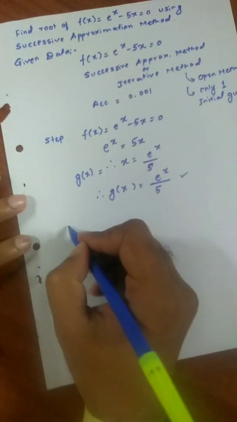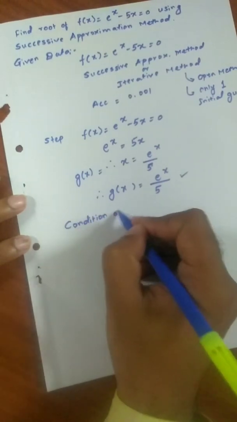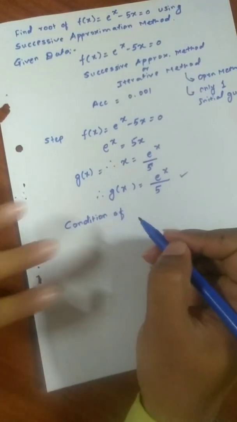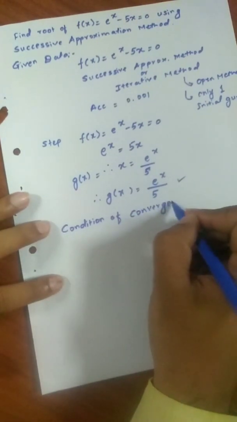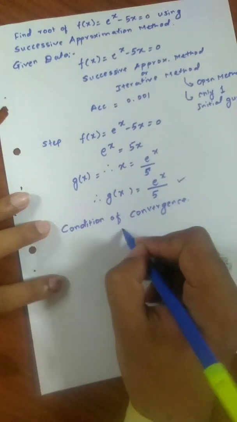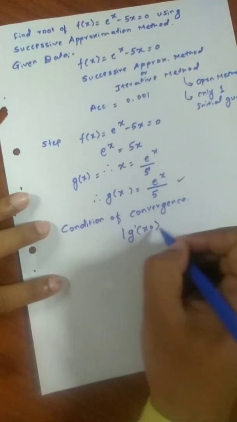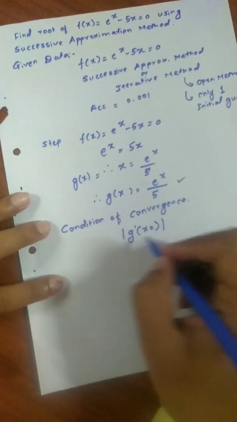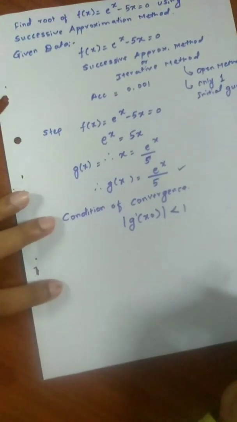Now what is the condition of convergence for the successive approximation method? The condition of convergence is that the modulus of g dash of x0 should be less than 1.